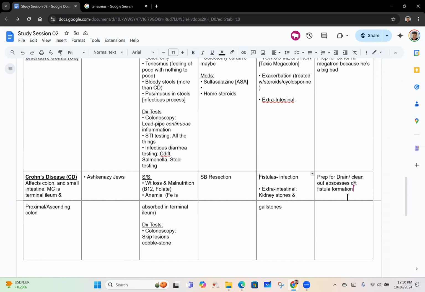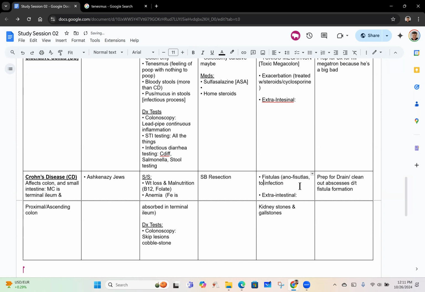All right. So finally, complications. You got fistulas, right? Fistulas, which lead to infection, right? And you can just put down what kind of fistulas they have. They have all the kinds of fistulas that diverticuli have, but they also have the anal fistulas too, right?